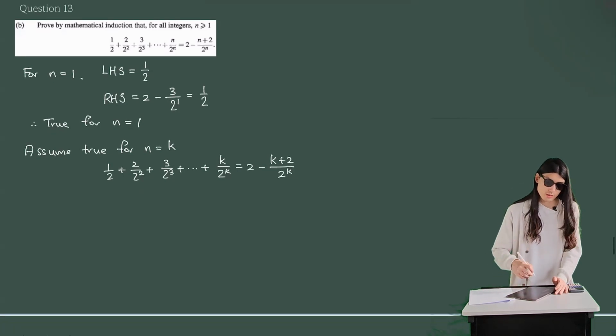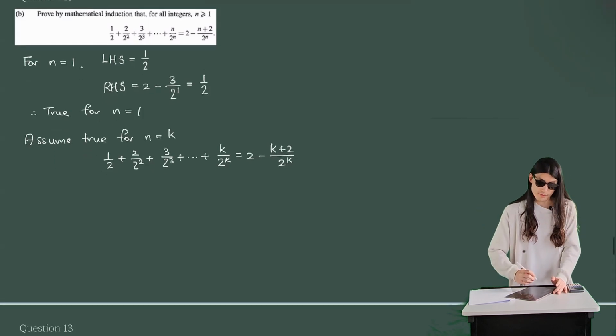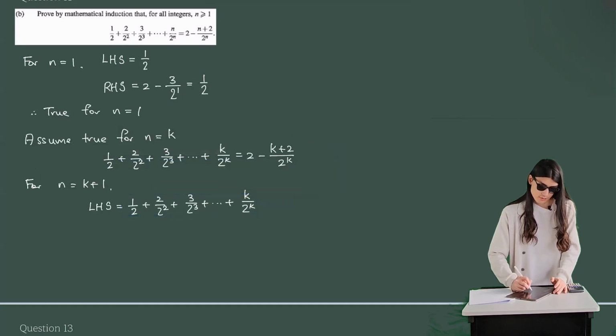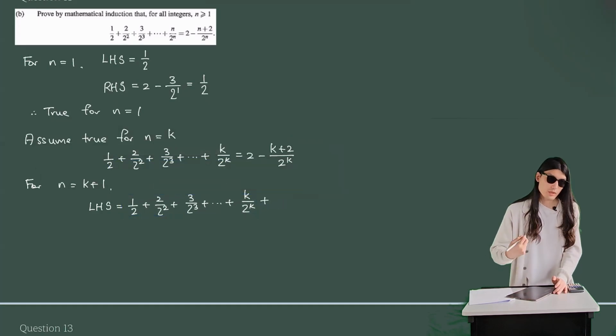And then using that assumption, we prove the statement true for n equals k plus 1, don't we? So for n equals k plus 1, the left hand side would be equal to all of this plus one more extra term if n equals k plus 1, wouldn't it?